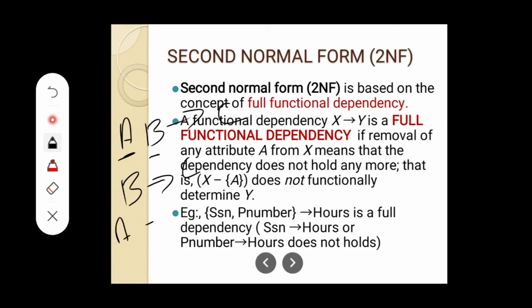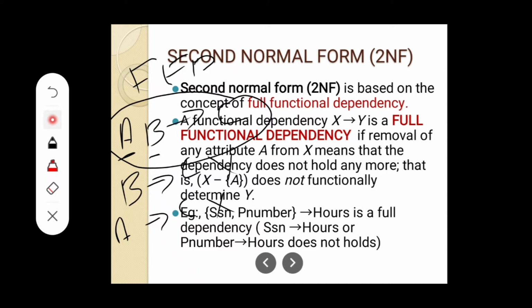A determines C. These two conditions must not hold. If these two functional dependencies do not hold, we can say that A, B determines C is a full functional dependency.